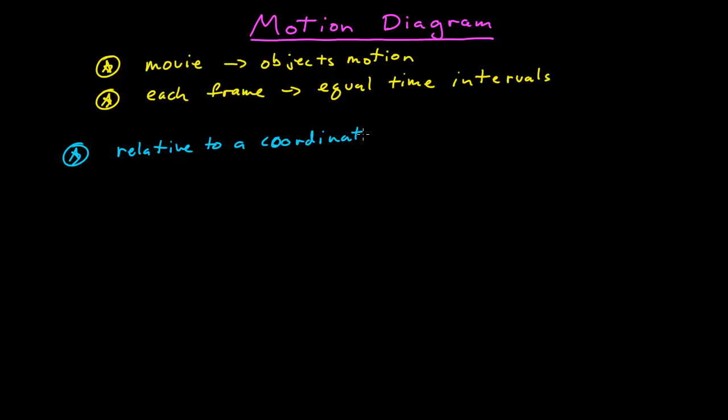Most often. This is not a necessary part of a motion diagram, but we often want our motion relative to a coordinate system. And also we're going to invoke the particle model.